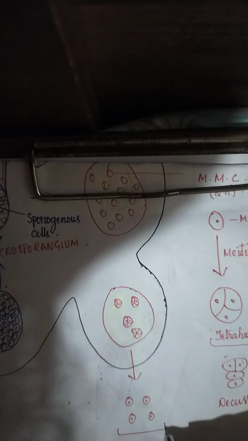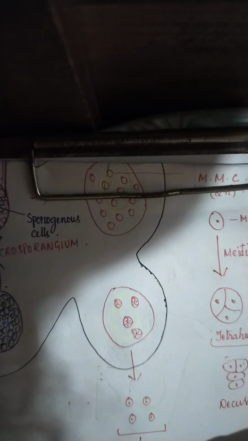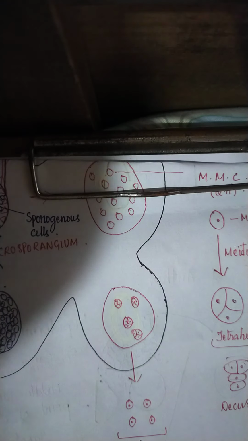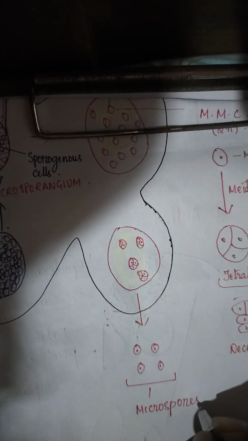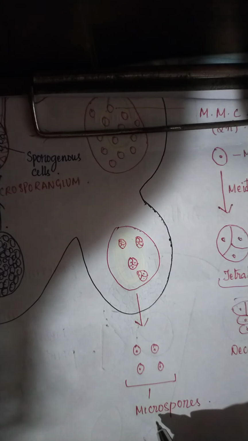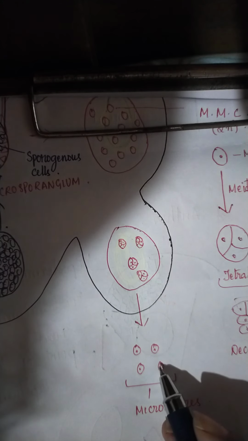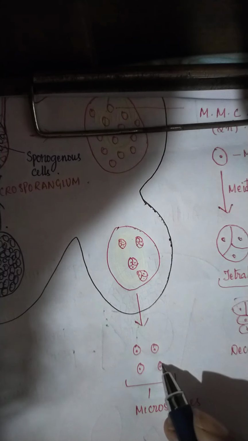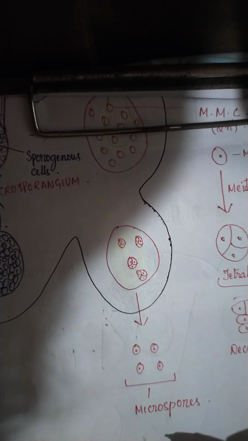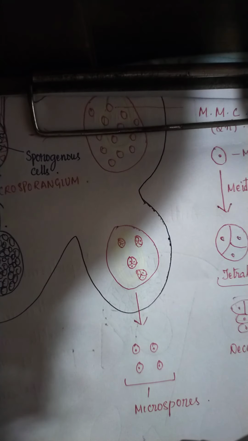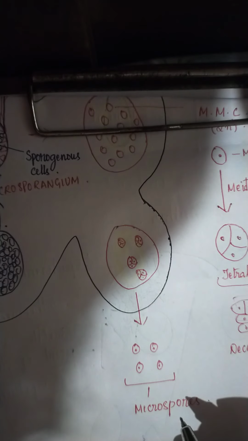These are the microspores. And from here they will develop the layers which surround them, and they will divide to form a mature pollen grain, which we will study in our next video.